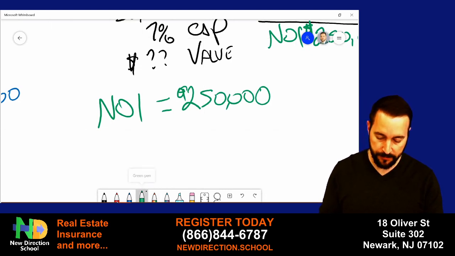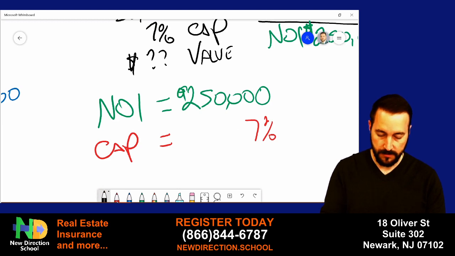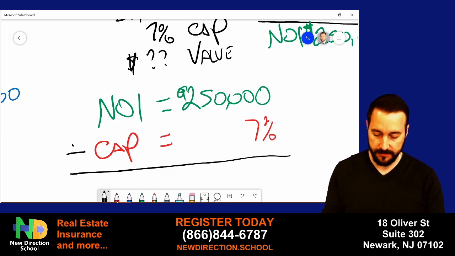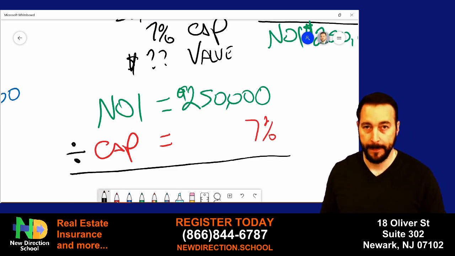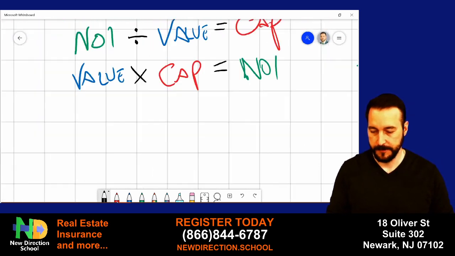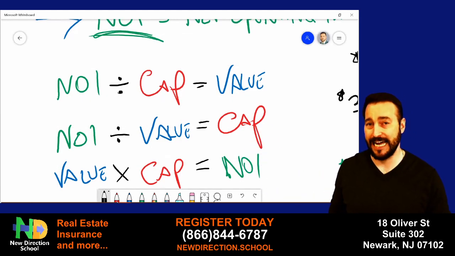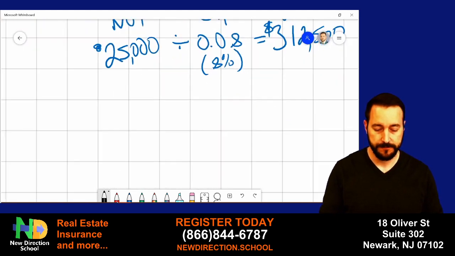So if the cap rate, right, cap equals 7%, all we have to do is divide. Okay, that was the formula, wasn't it? Let's just confirm. NOI divided by cap equals value.